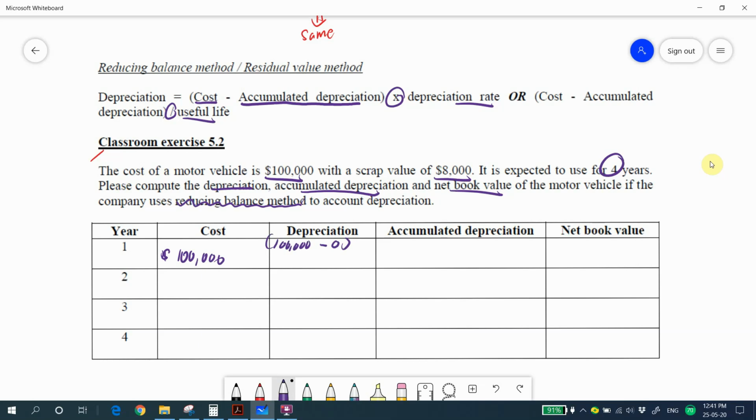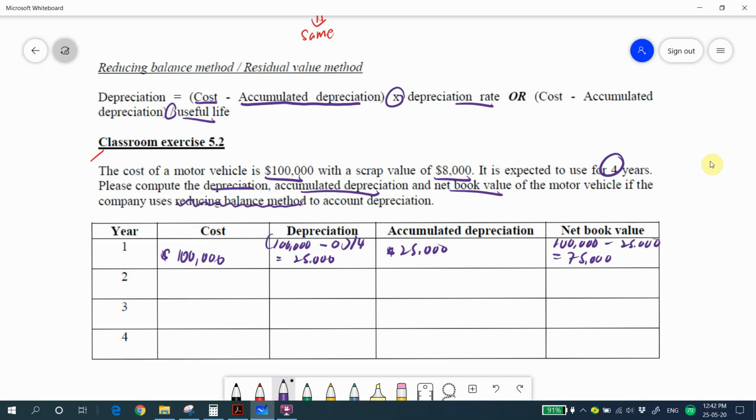You will not have any previous accumulated depreciation. Then divided by 4, you get 25,000, and your accumulated depreciation becomes 25,000 because this is the first year. Net book value is 100,000 minus 25,000, you get 75,000. So this is your first year depreciation, accumulated depreciation, as well as net book value.